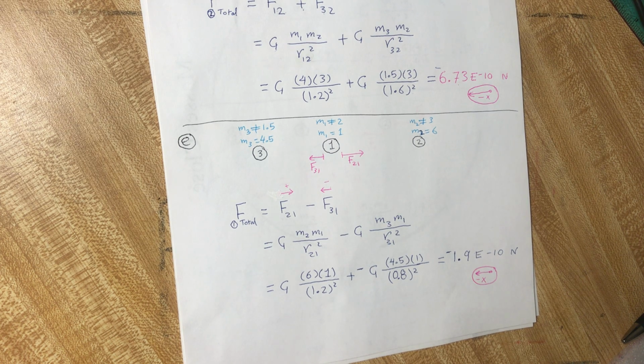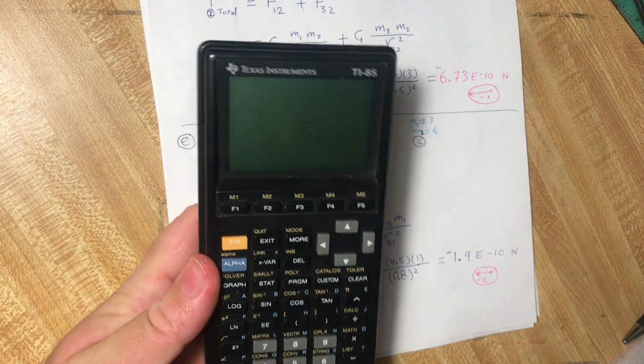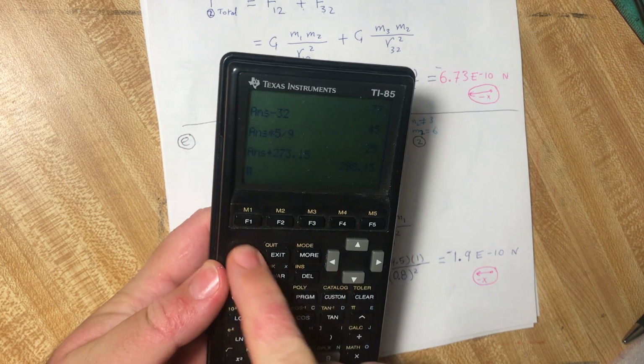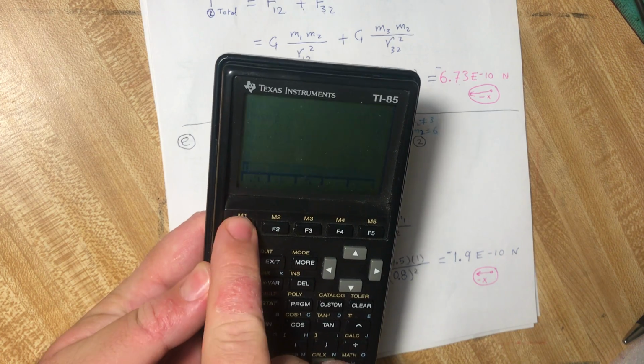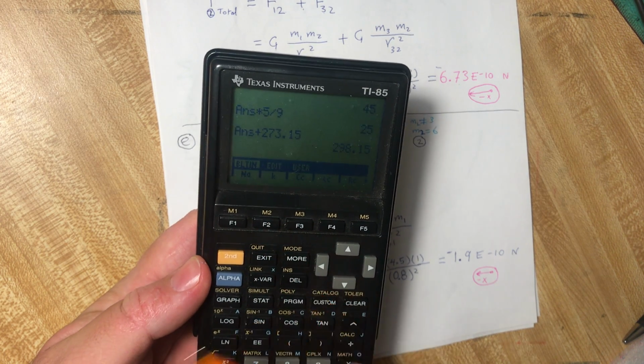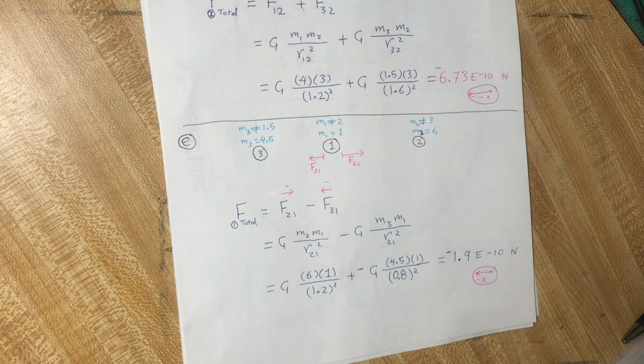Okay. Now just use them. G is a constant. You can find it in this calculator, under constants. There is a built-in constant, and all of them are for physics.